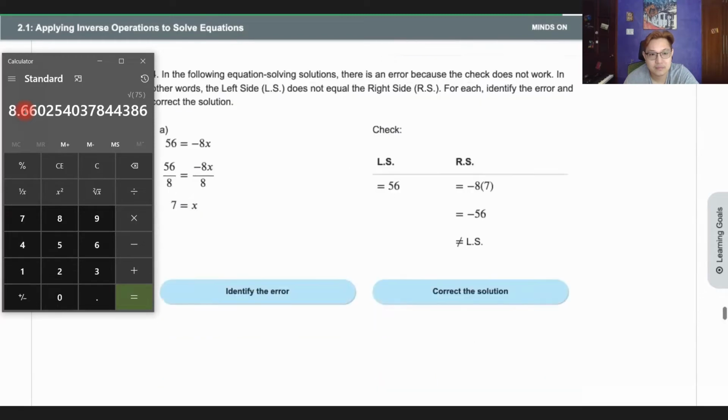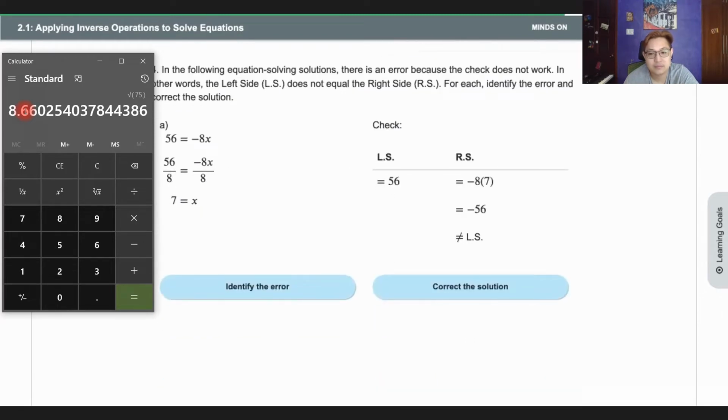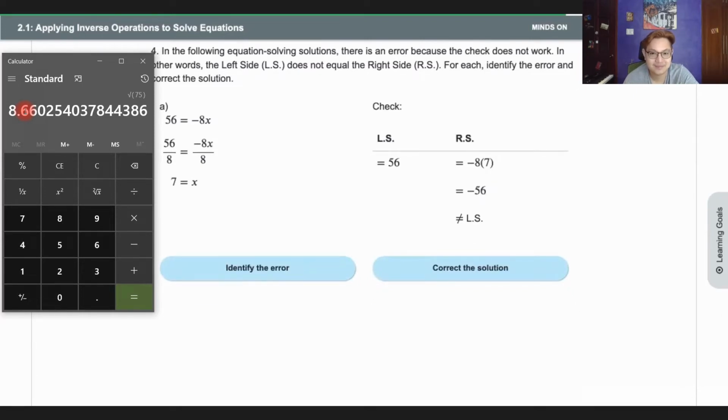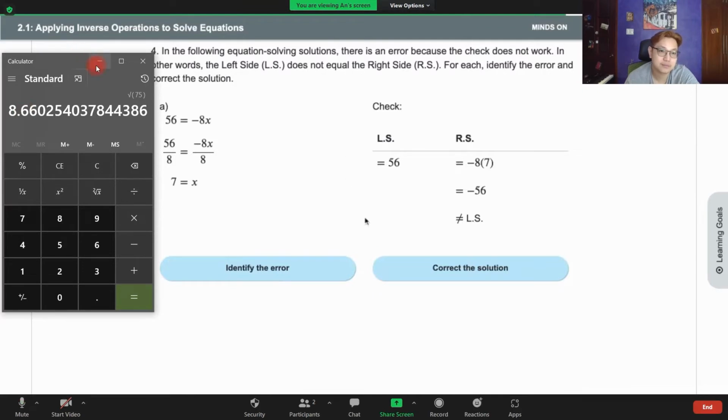And then in this section we have to see if the answers are correct. Okay, this is quite an easy equation.